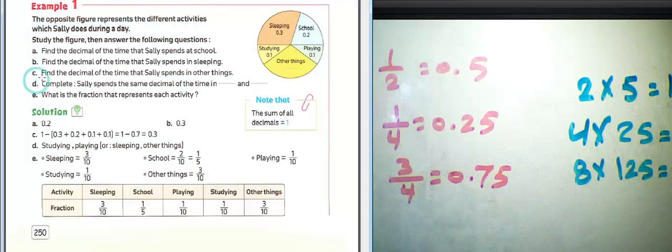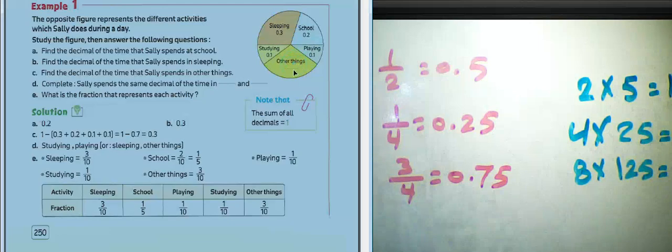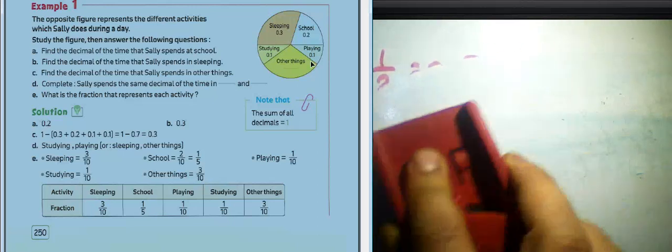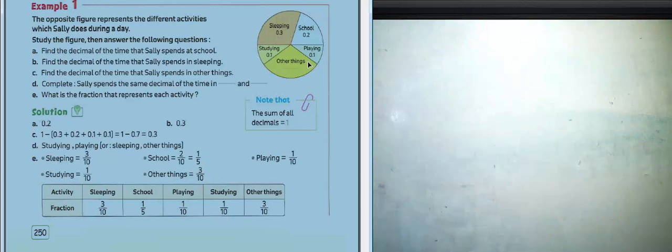Question letter C. Find the decimal of the time that Sally spent on other things. Here we can find the result by adding all the decimals and subtracting the result from 1. So we can find the number by subtracting from 1.